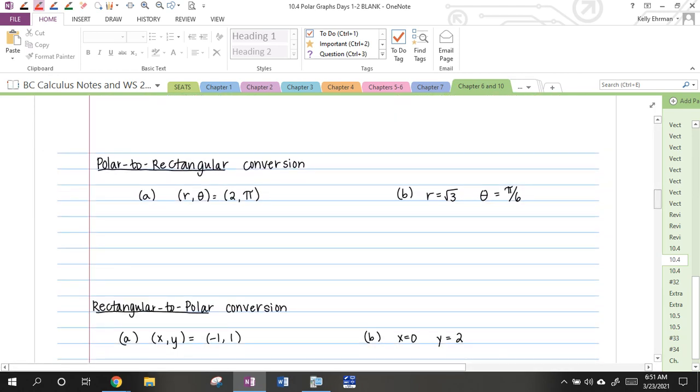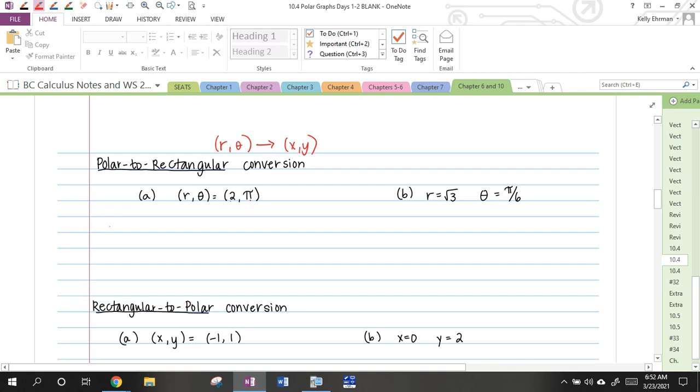Let's put that into practice. So on the next page, we have polar to rectangular conversion. So how do we go from a polar coordinate to xy? So that's using the theorems that we kind of just talked about, right? So the r theta is 2, pi. So I want to get the xy coordinate.